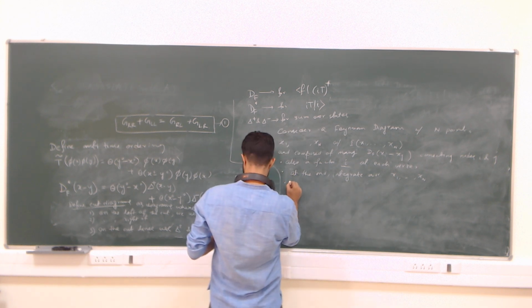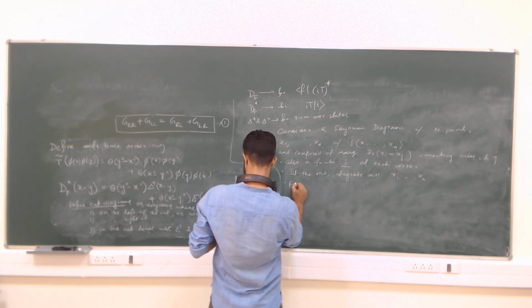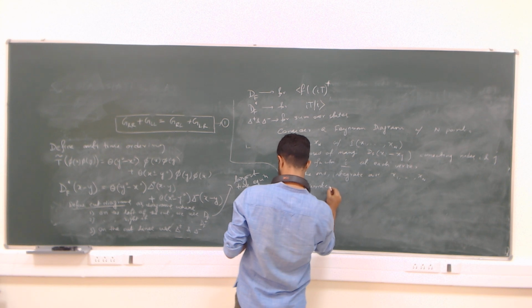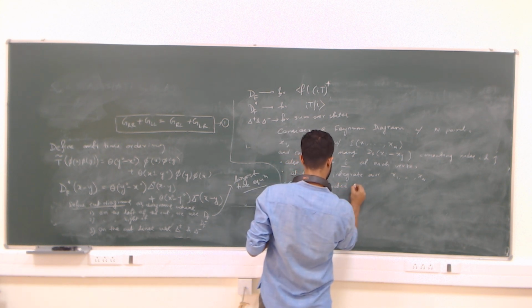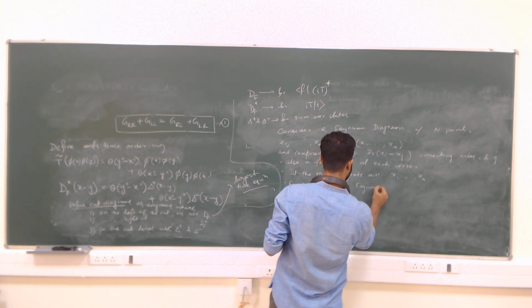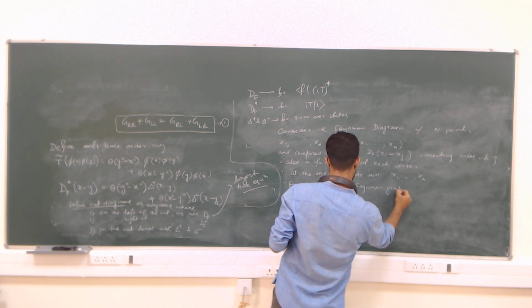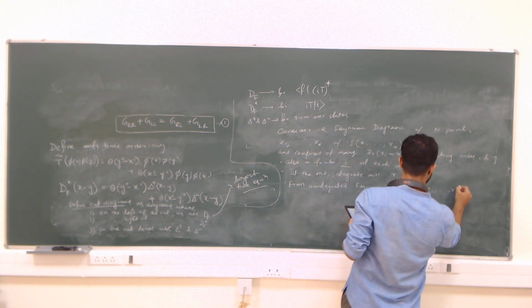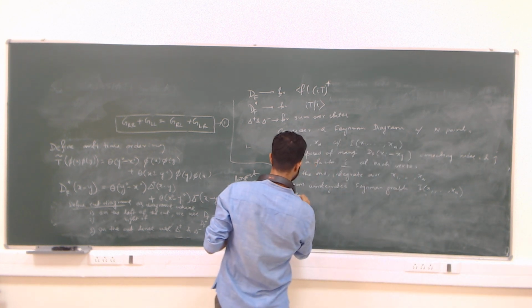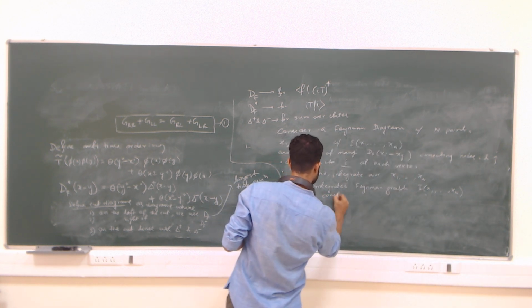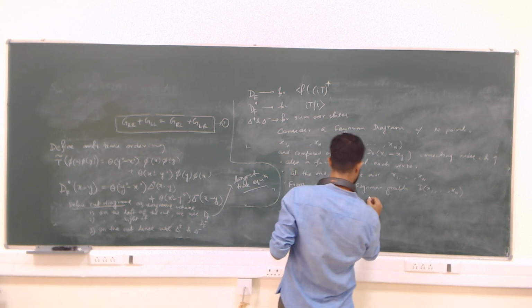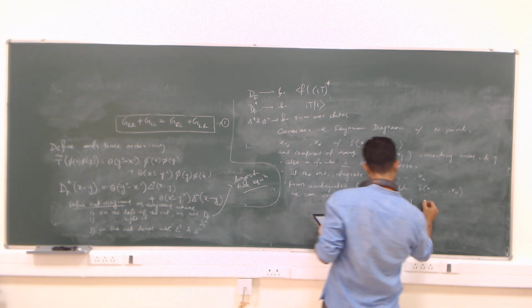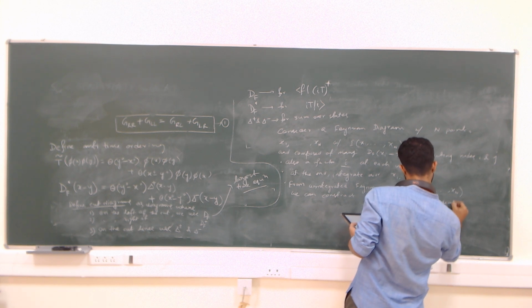The point is that from one unintegrated Feynman graph, one particular graph, you can construct another 2 to the power n minus 1 diagrams.